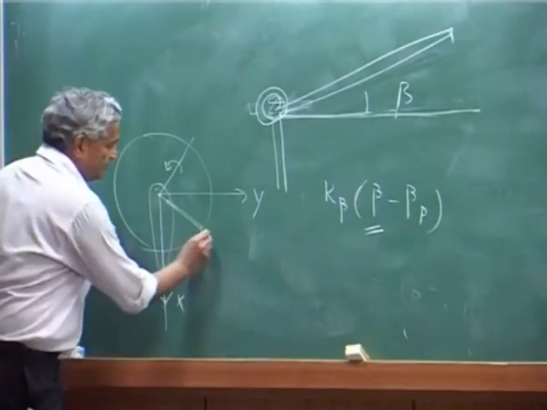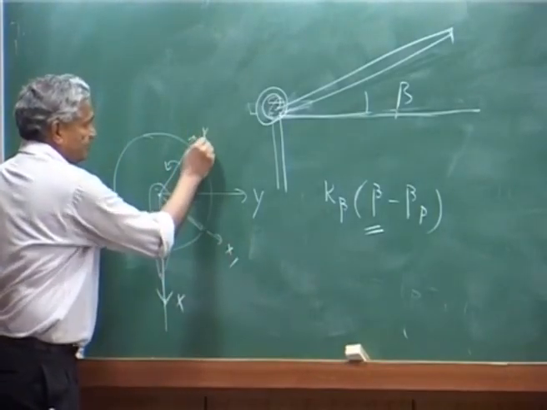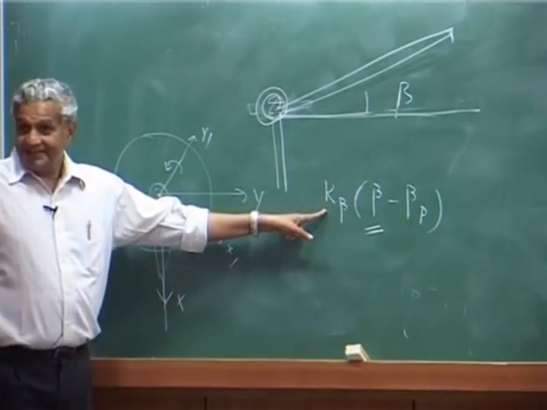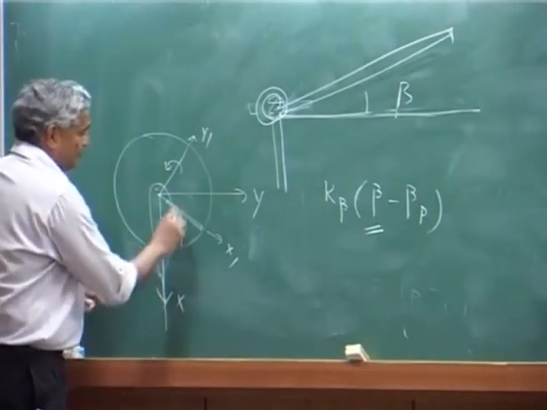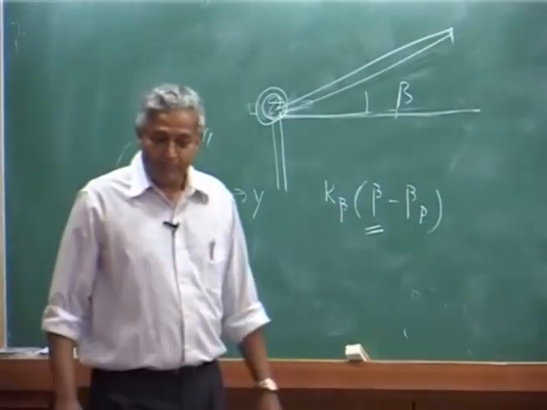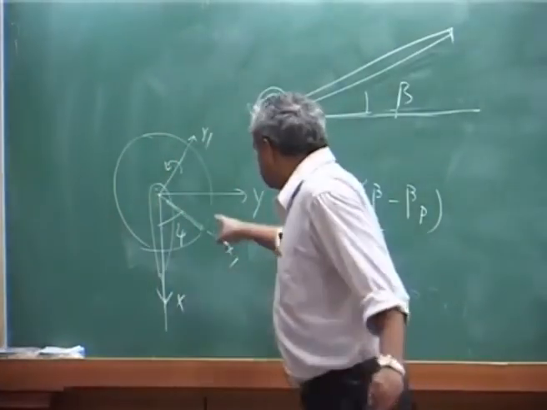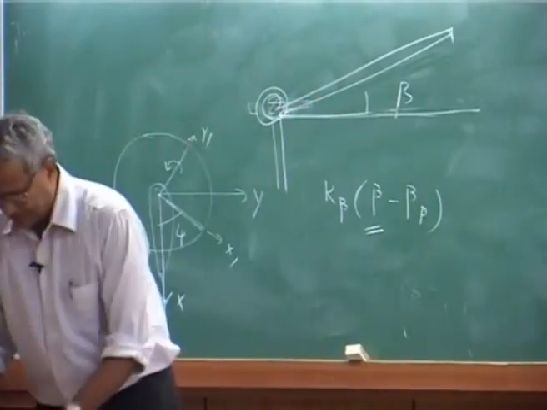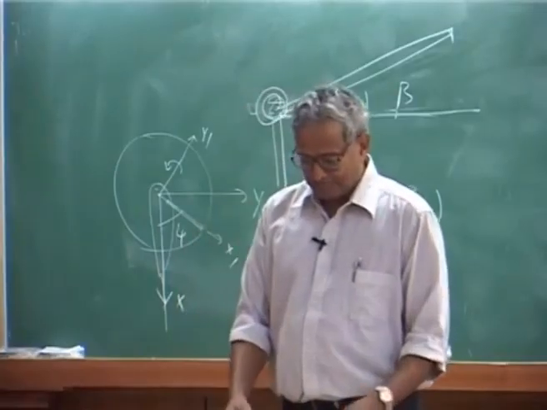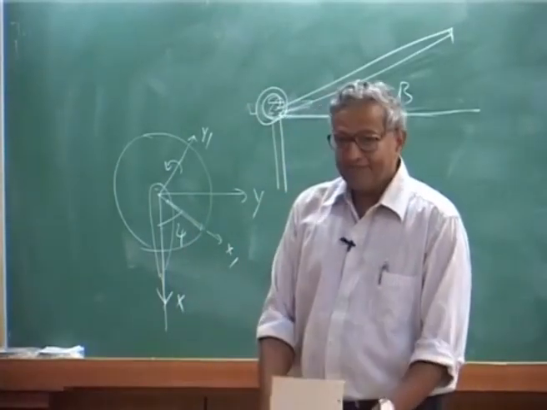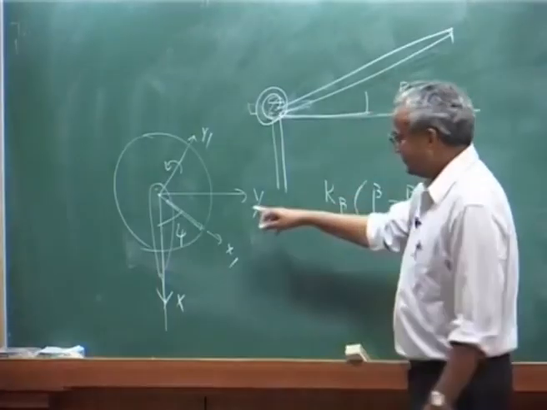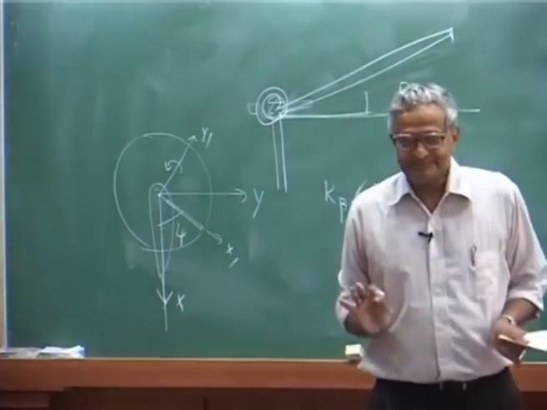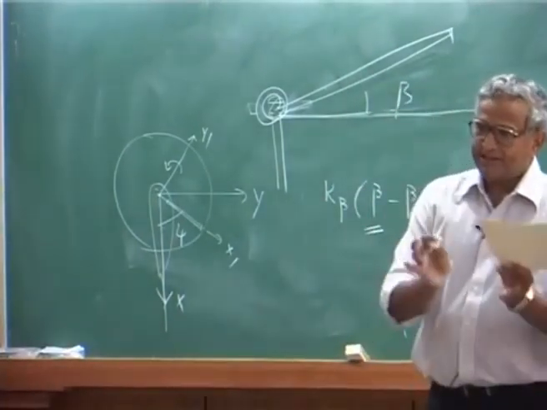This is x1, this is y1, this is my flap moment. So, I must take the component of the flap moment along y and x direction, that is the body hub direction, and then I must add the values due to all the blades and take the mean value. That way I get a hub moment.